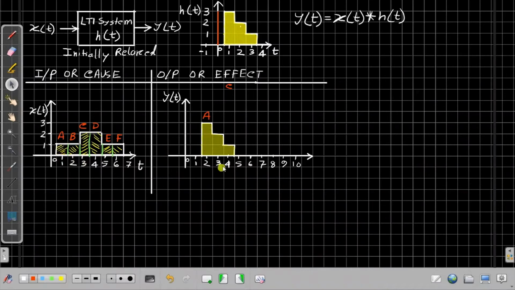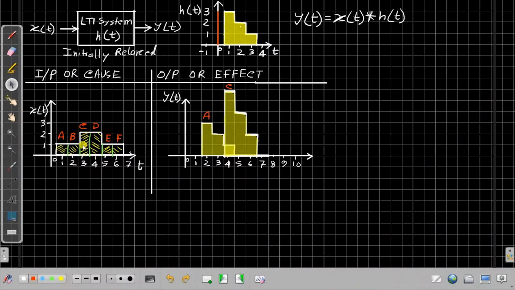However, its effect starts here and completes at this point. Similarly, consider another slice, maybe slice C, and the effect of slice C starts at this point and finishes here. So this point of time will be affected by both slice A and slice C of the input.